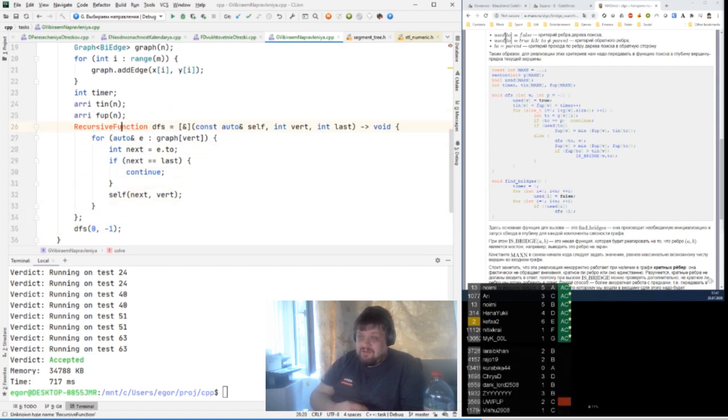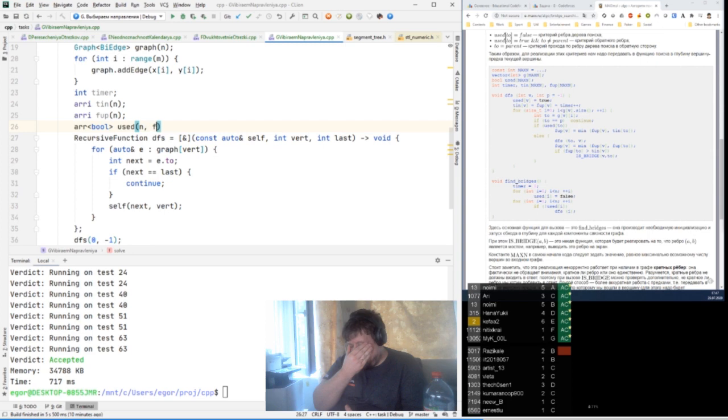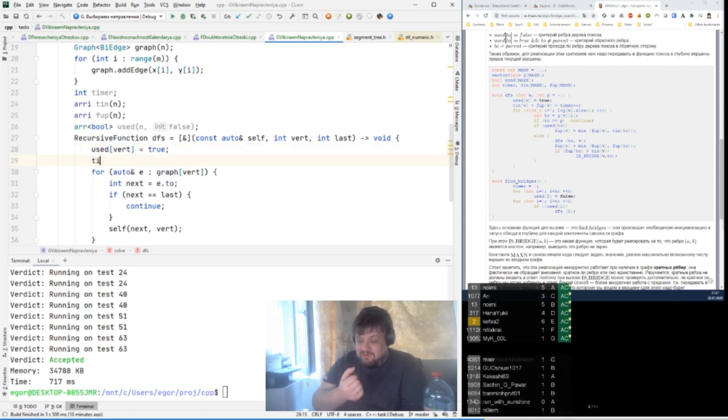But we can also do some kind of dynamic on a tree where we store the profit of a given vertex, which is the benefit from this vertex.